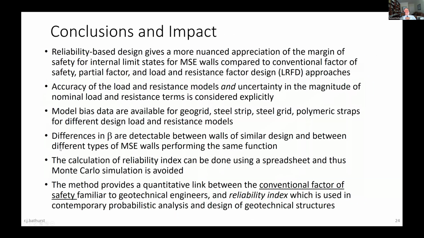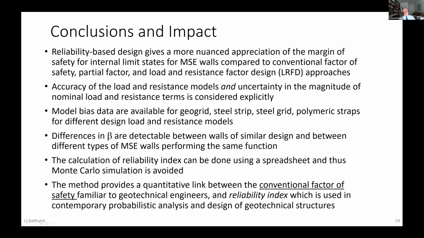The accuracy of the load and resistance models and uncertainty in the magnitude of nominal load and resistance terms is considered explicitly. And this is the first time that these two classes of uncertainty have been combined in an explicit quantitative equation or approach. And we have all of the model bias data available for all of these different types of reinforcement that you see here and for different load and resistance models.